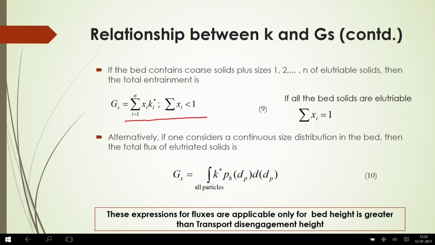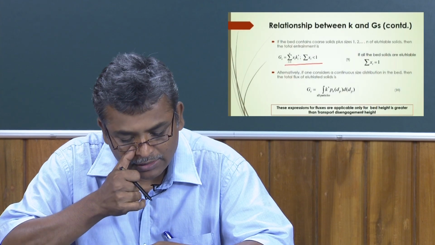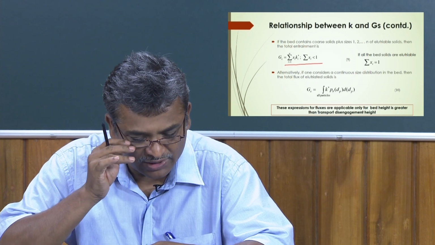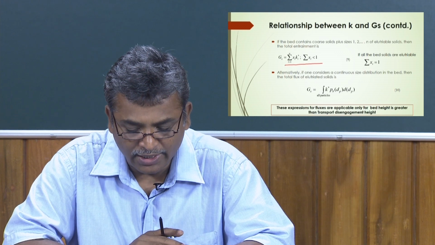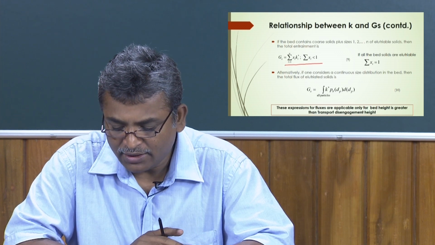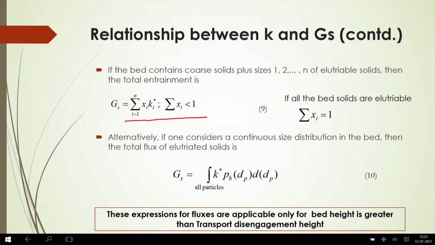That means for all classified particles, you have to sum up all those terms. Now, the summation of x_i should be less than 1, and only if all the bed solids are elutriable can you say that the summation of the mass fractions of all classes will be equal to 1.